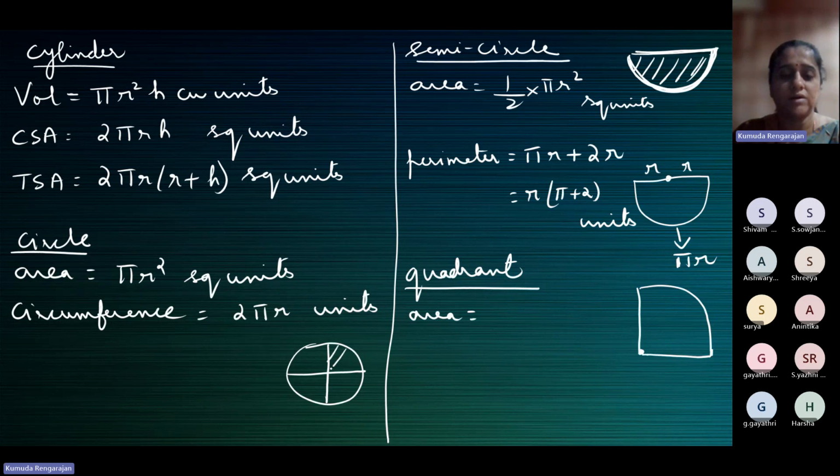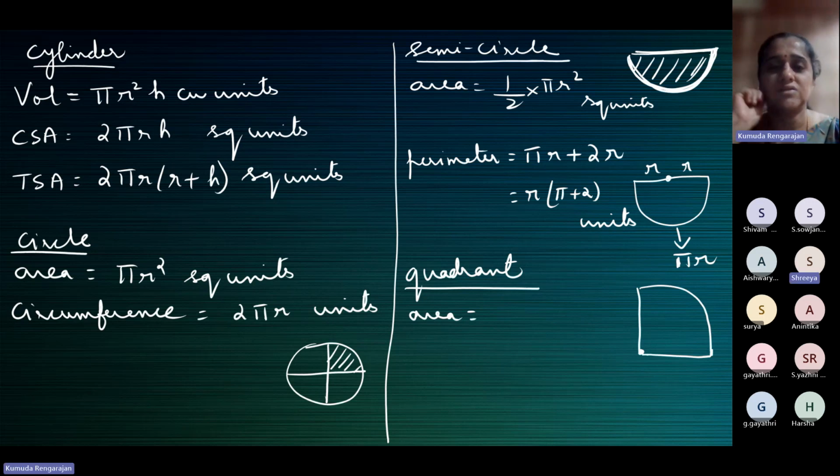This one is a quadrant. Now these four quadrants put together make the circle. 1/4 of a circle is a quadrant. What's the formula to find the area of a quadrant?